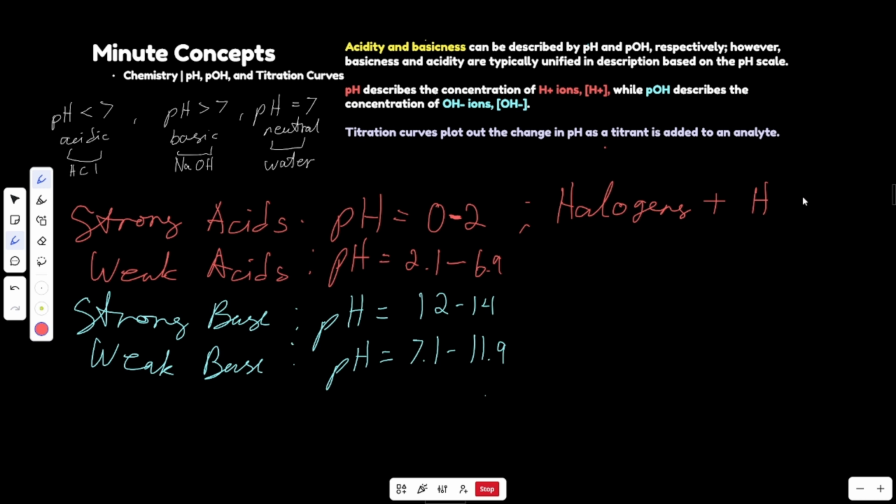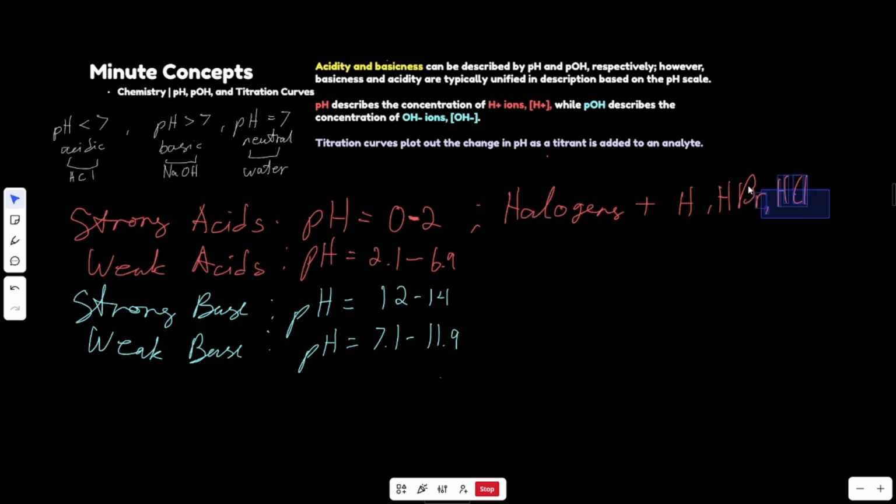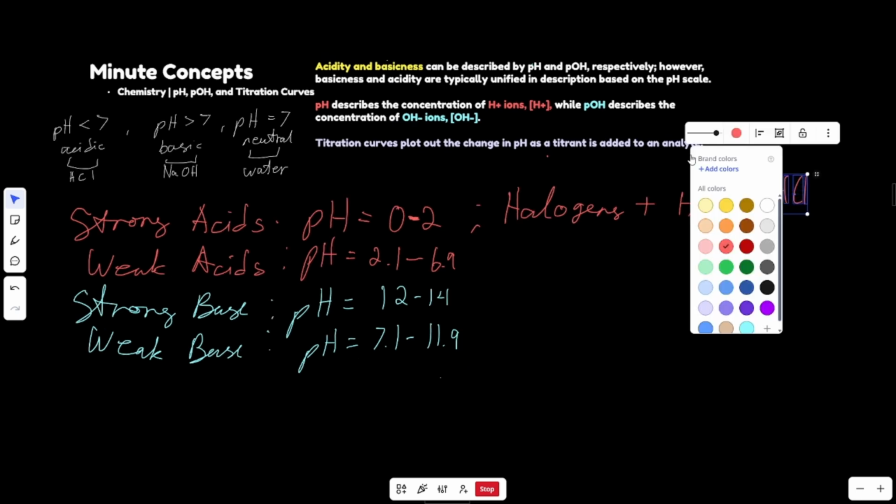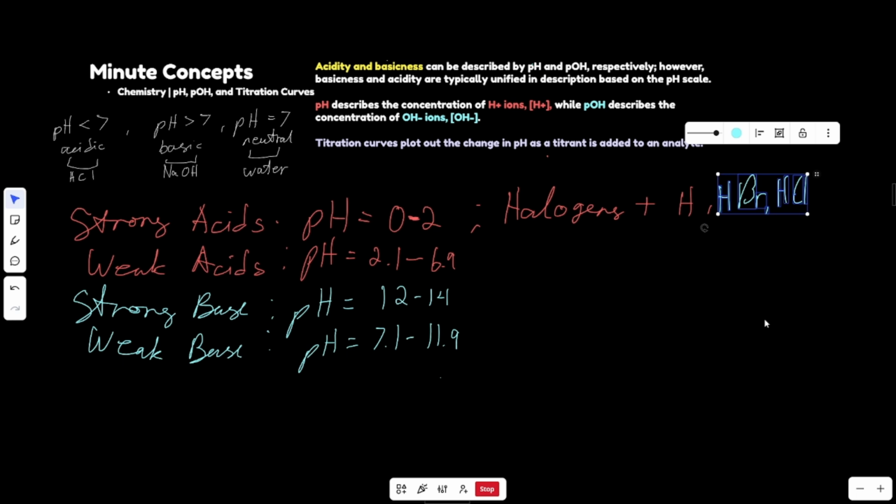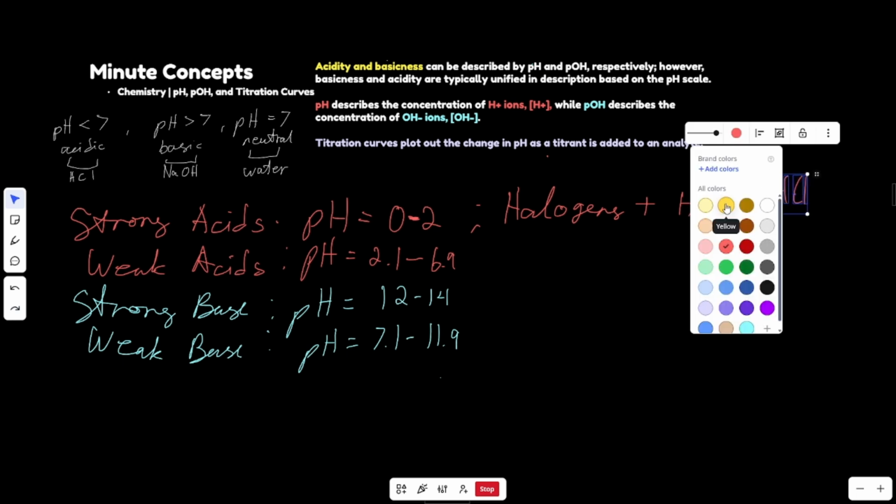And this can be, for example, HBr, HCl, and these are examples of strong acids. An exception to this is HF, hydrofluoric acid. That's a weak acid.